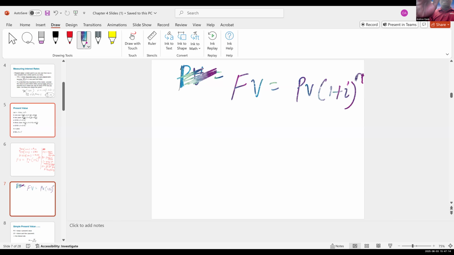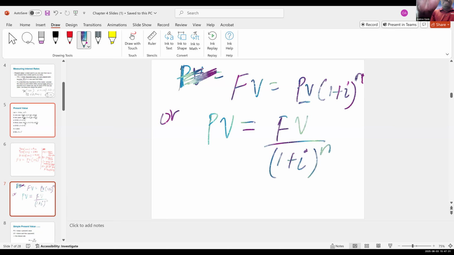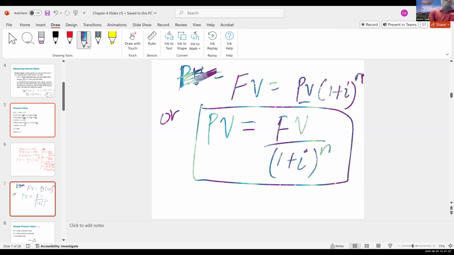That's one way of writing this formula. Or you can make PV the subject. If you divide both sides by 1 plus i to the power n, you can also write this formula as present value equals future value divided by 1 plus i raised to the power n. So either of these formulas can be used to figure out the future value or present value.